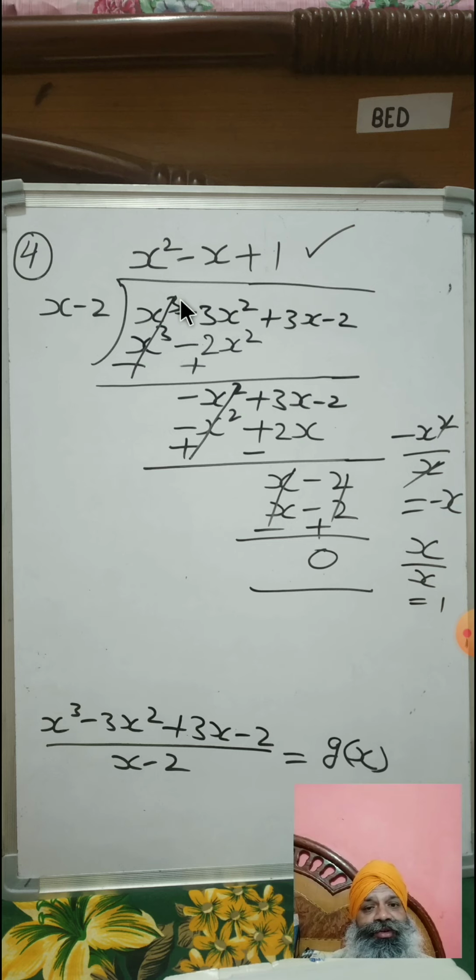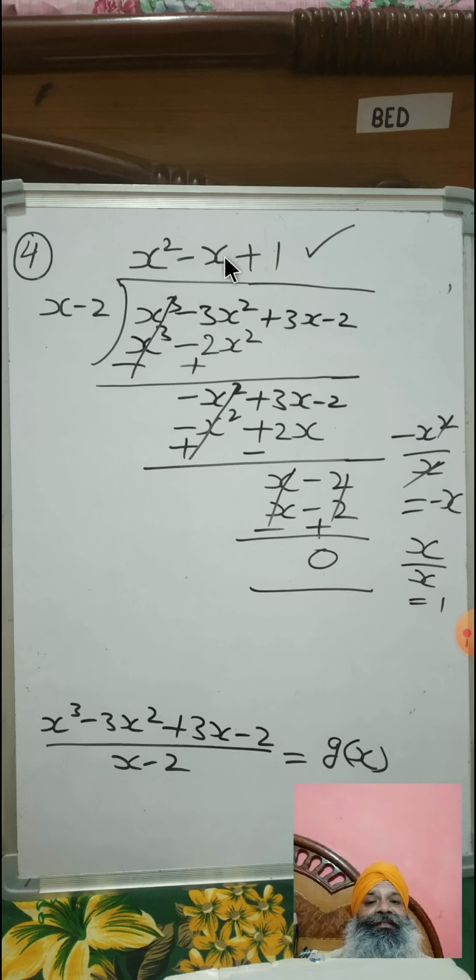So x cube minus x cube cancels, and plus 2x square minus 3x square gives us minus x square, and plus 3x minus 2 is written as it is. To find the second term of the quotient, we divide minus x square by x, and we get minus x. So minus x is the second term of the quotient.